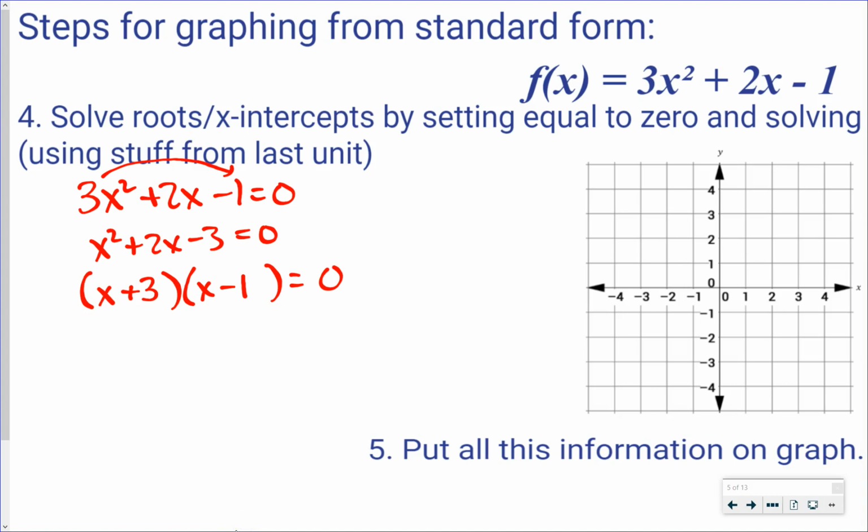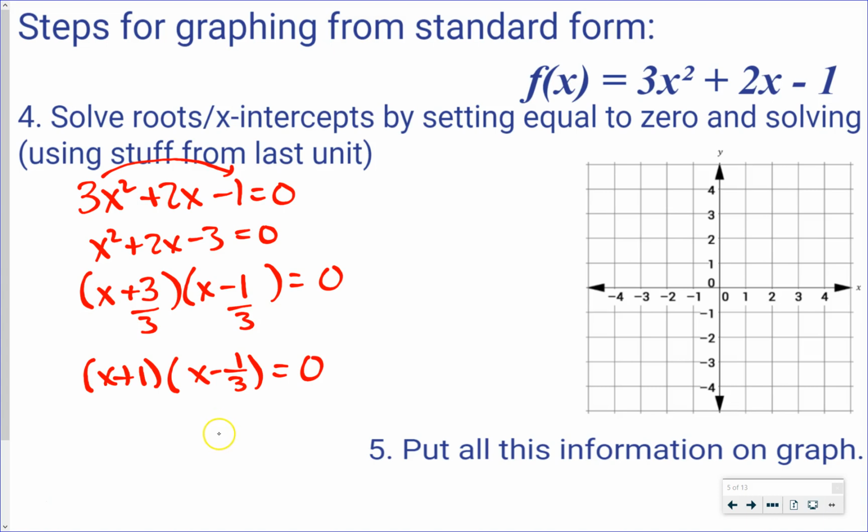So does that mean my answer is negative 3 and positive 1? I gotta slide it down. Good, we gotta bring my 3 back out. This means we have x plus 1 and x minus 1/3. Do I really have to, because we're solving?